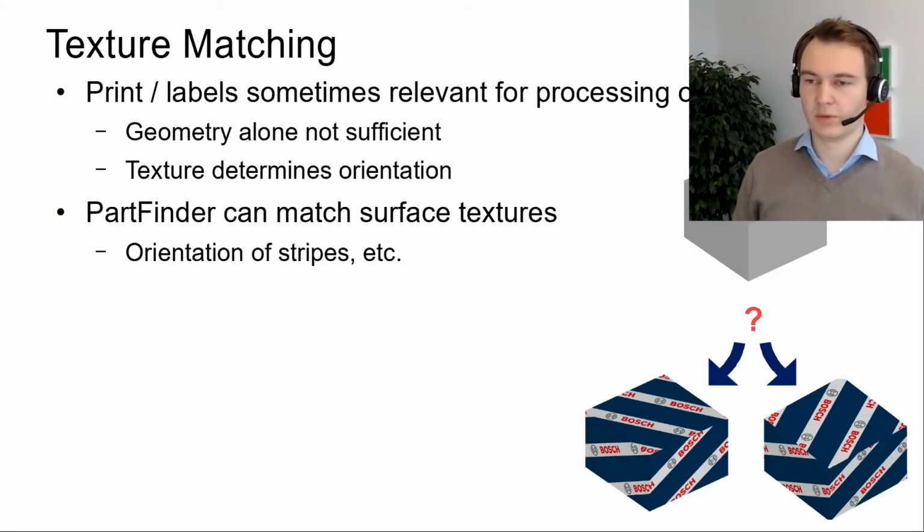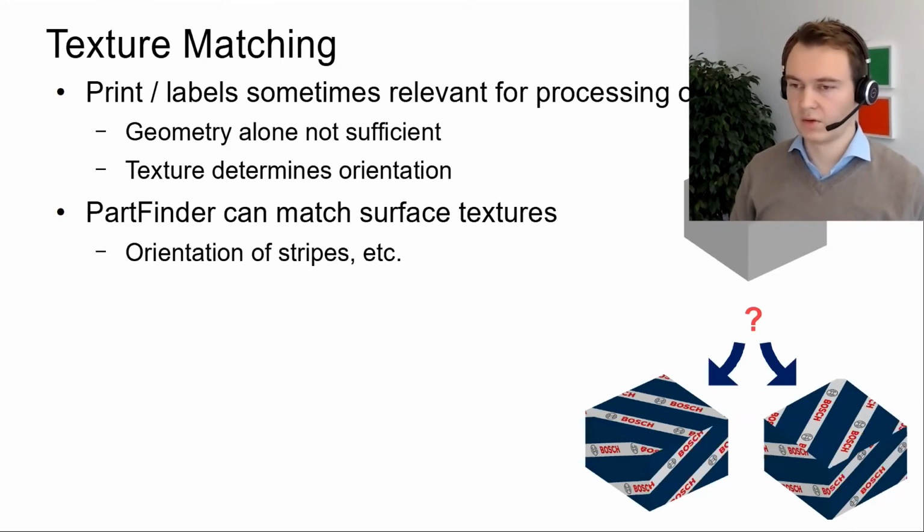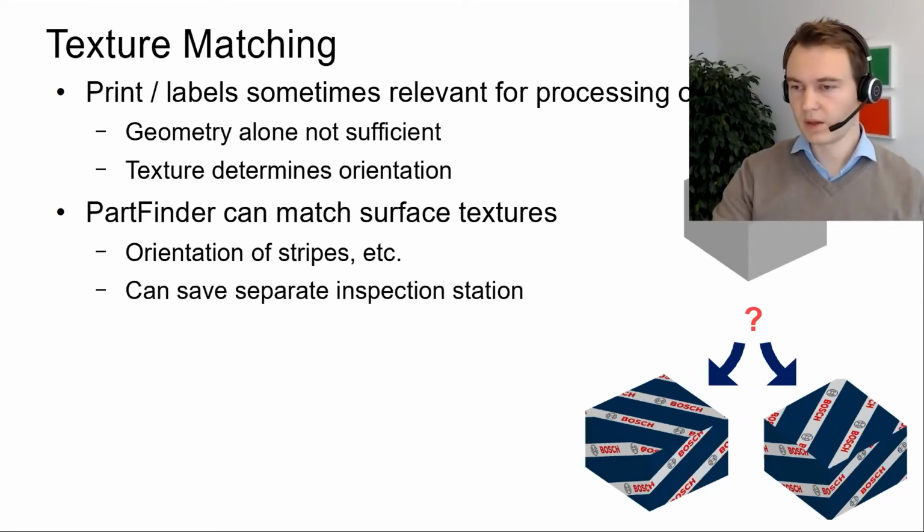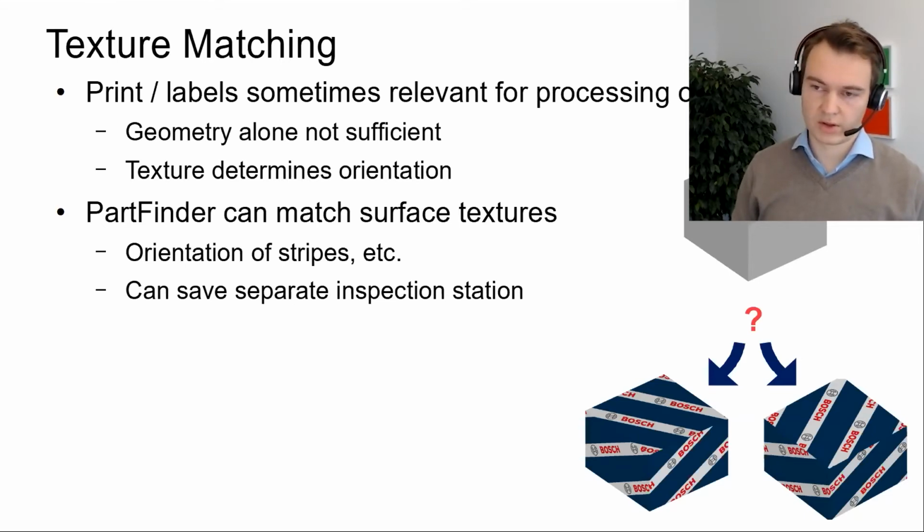So if you want to have some very fine texture details to be matched, this is probably not the right thing to do. But at least determining the rough orientation using these larger texture structures like the stripes on the parts is what it's designed for and what is working nicely. And if you are lucky, this can actually save you either a separate manual implementation to get the orientation right, or it can even save you a separate inspection station altogether.